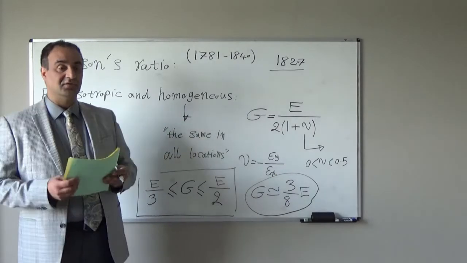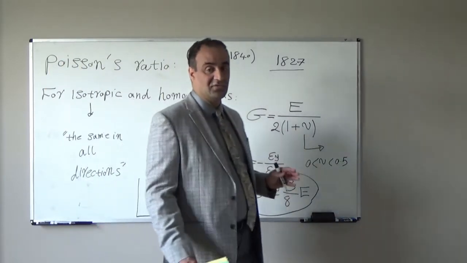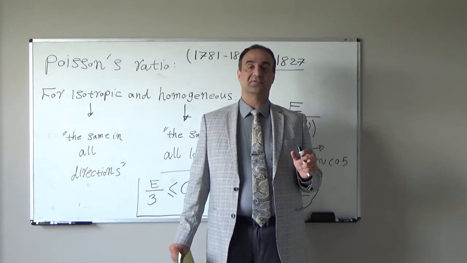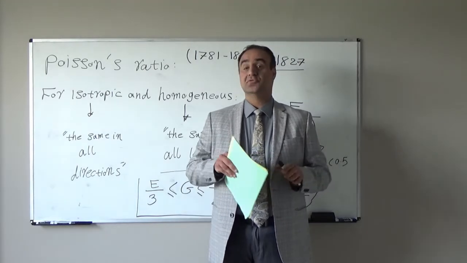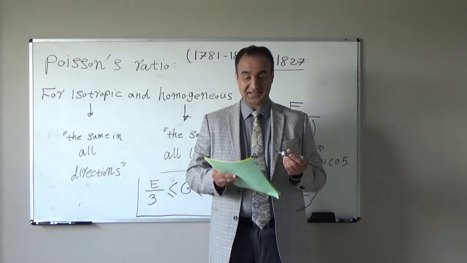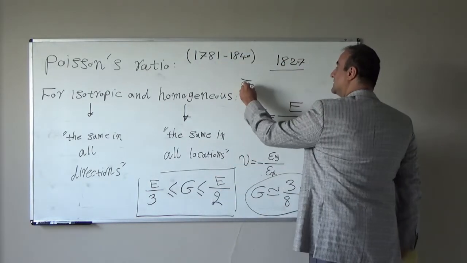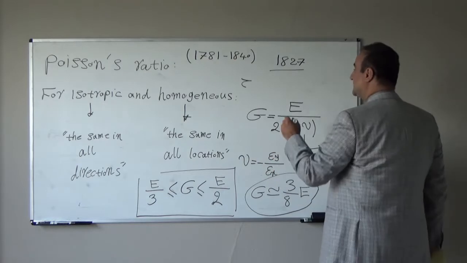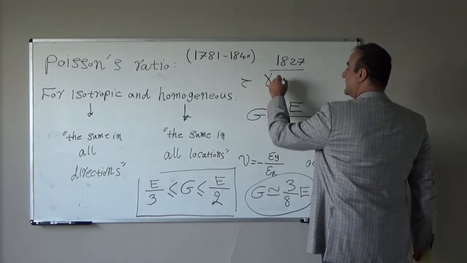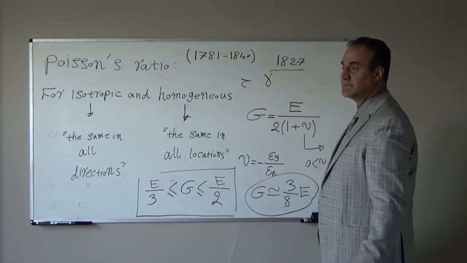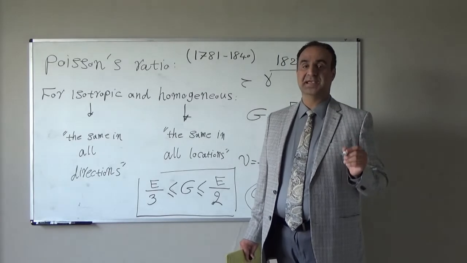So today I defined shear stress. You know what shear stress is, and you know what shear strain is. Shear stress we show with tau. Shear strain we show with gamma, and gamma is in units of radians.